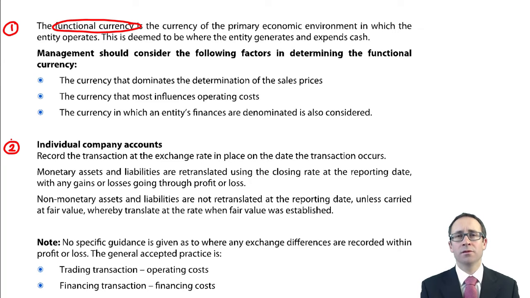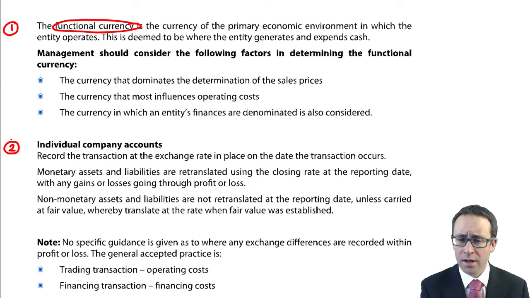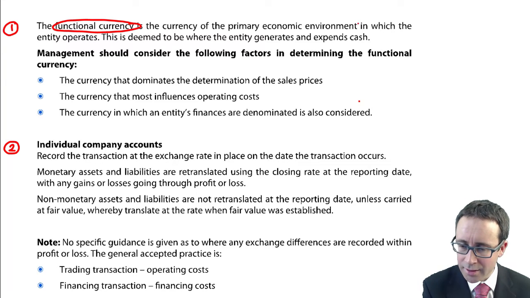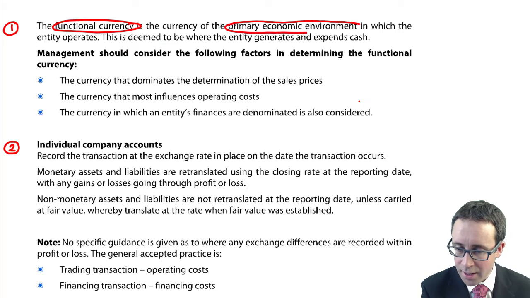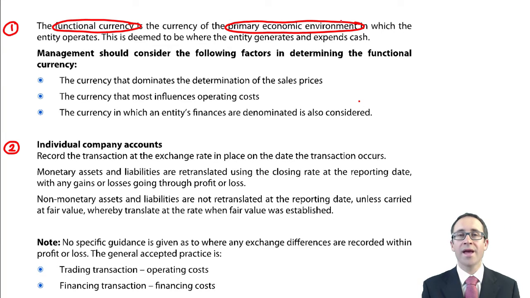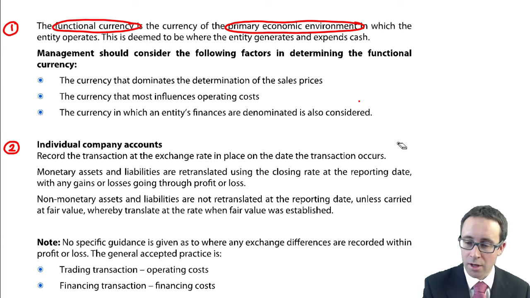Okay, so there's going to be some computational parts when we look at the translation, and the first bit that we'll look at now has no computations at all. Essentially it is knowledge and application within a question, so a non-computational aspect. So what do we mean by the functional currency? The functional currency is defined as the currency of the primary economic environment where we operate.